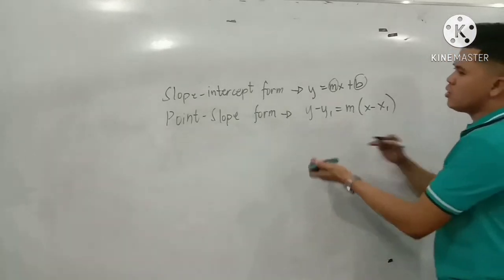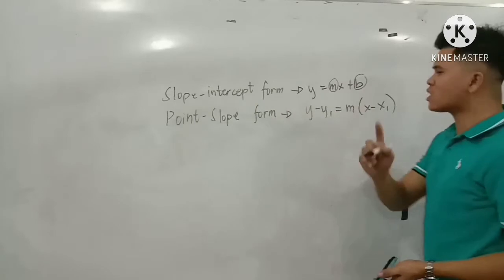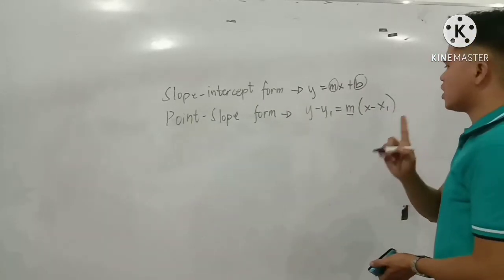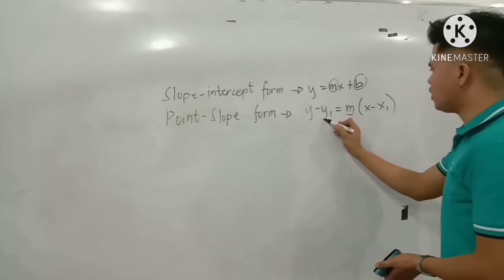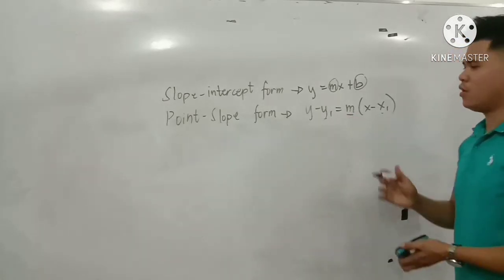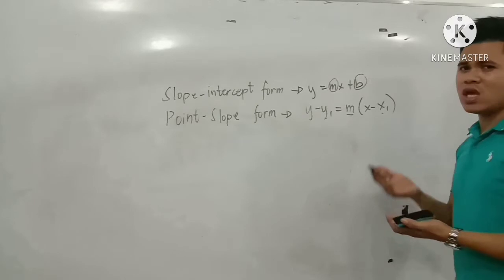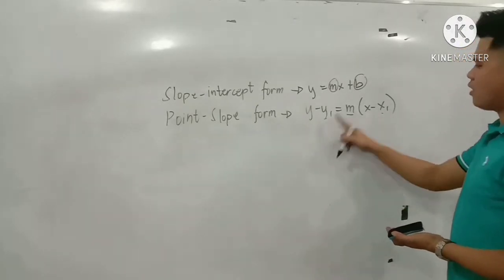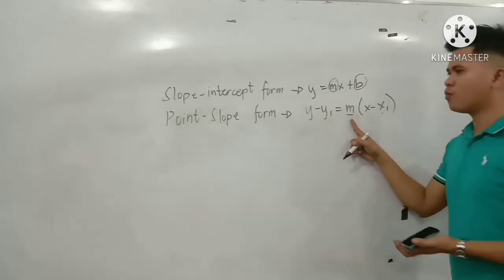Again, we can use this form if there is a given slope and at the same time one given point, (x1, y1). We simply substitute the coordinates of the given point into these variables, and then the given slope.